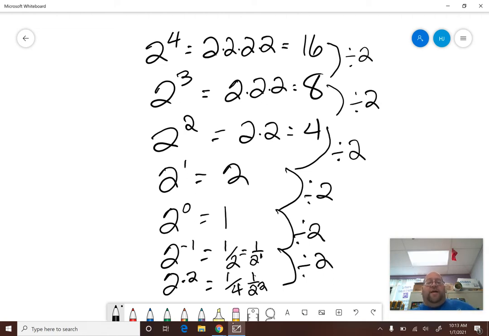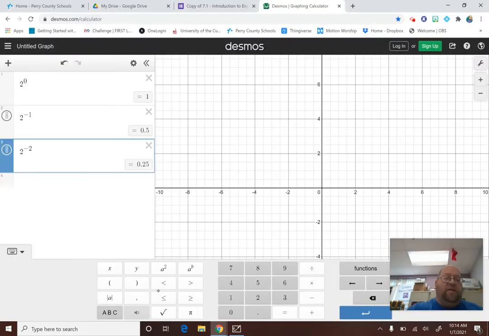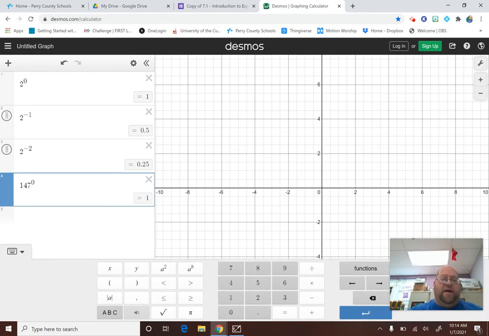First of all, when I have anything to the 0 power, it actually is going to always equal 1. No matter if my number is 147 to the 0 power, and I know you probably don't believe me, so I'm going to go ahead and do it over here just so you see it. 147 raised to the 0 power still gives me an answer of 1.